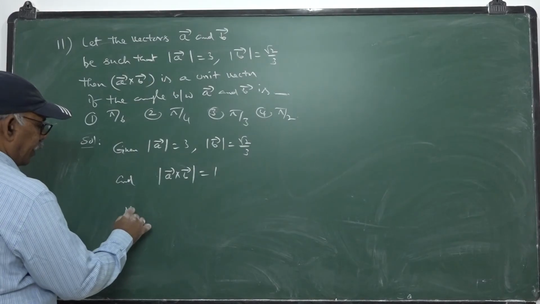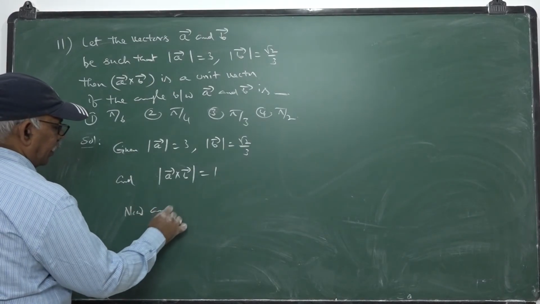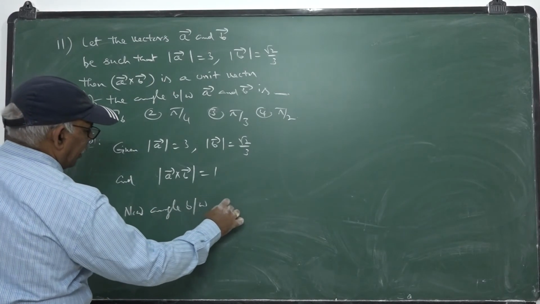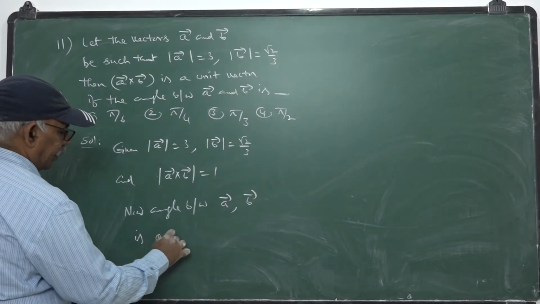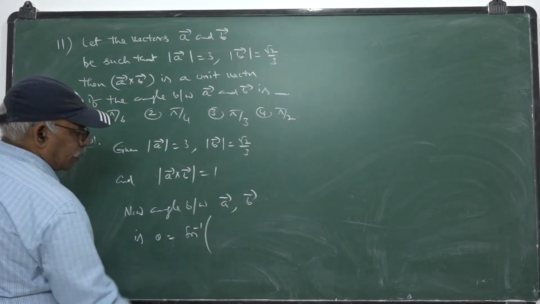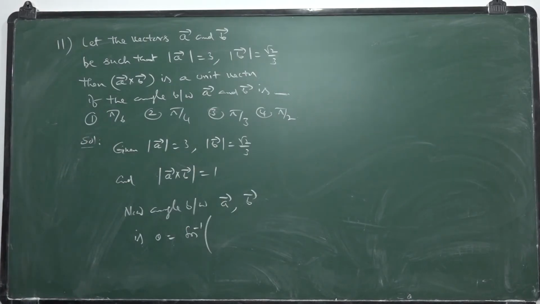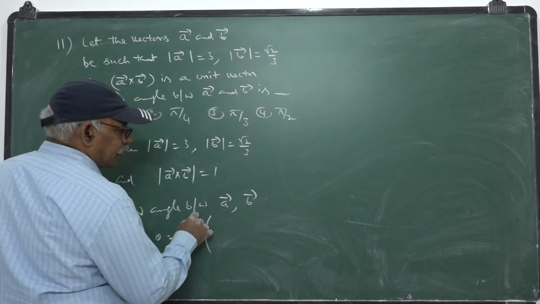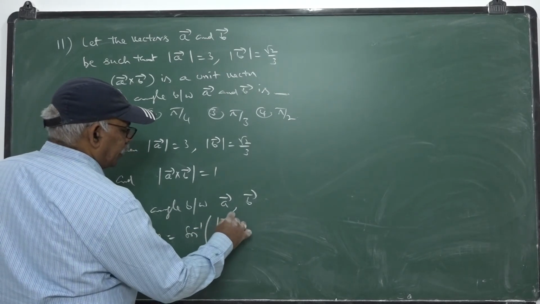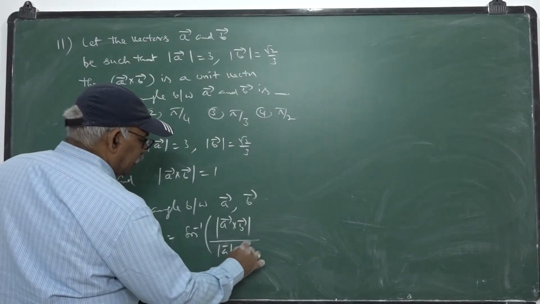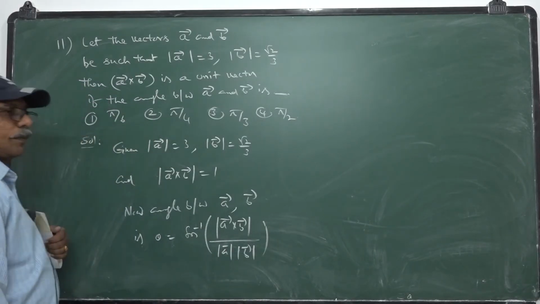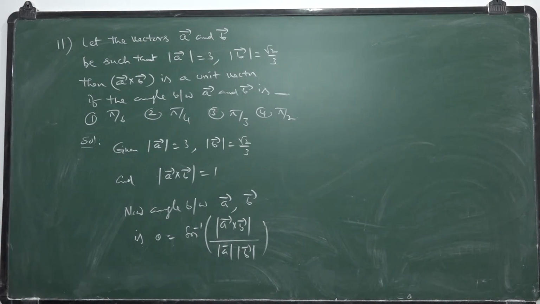Now the angle between a bar, b bar is theta. By using cross product, the formula for the angle between the two vectors is sine inverse of modulus of a bar cross b bar by modulus of a bar modulus of b bar.